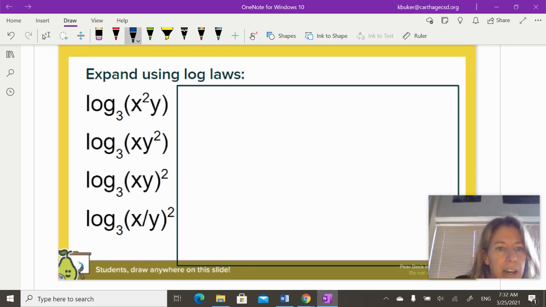So for the first one, this exponent of 2 only goes with the x. So I'm going to use the product law first and turn this product into an addition problem. I'm going to expand it.